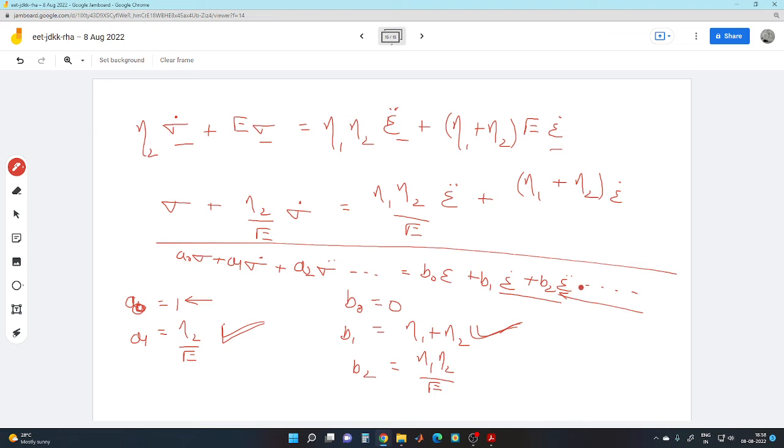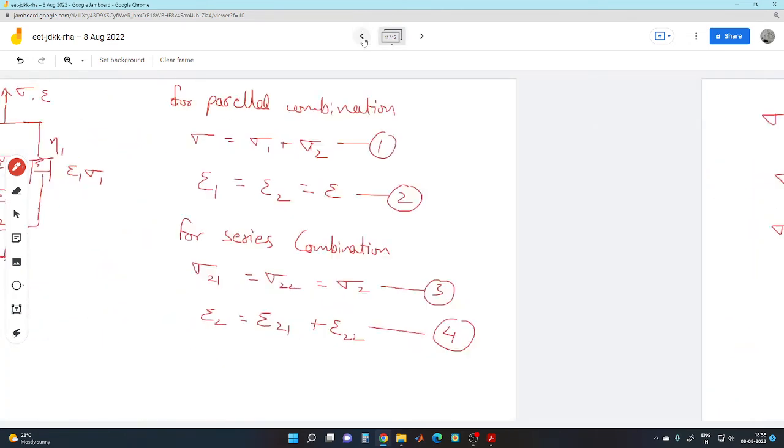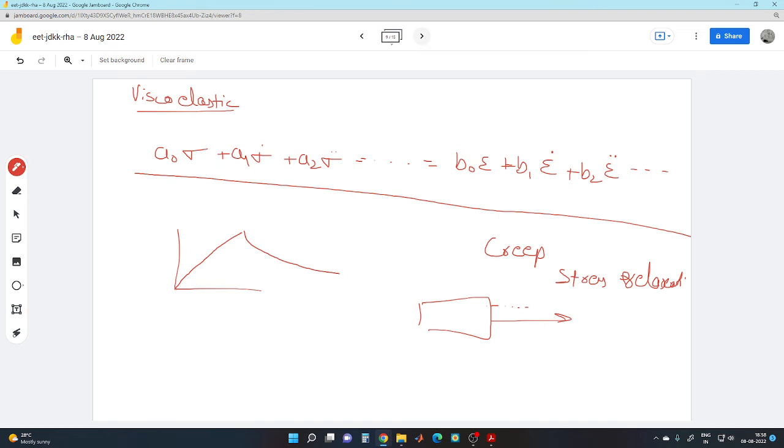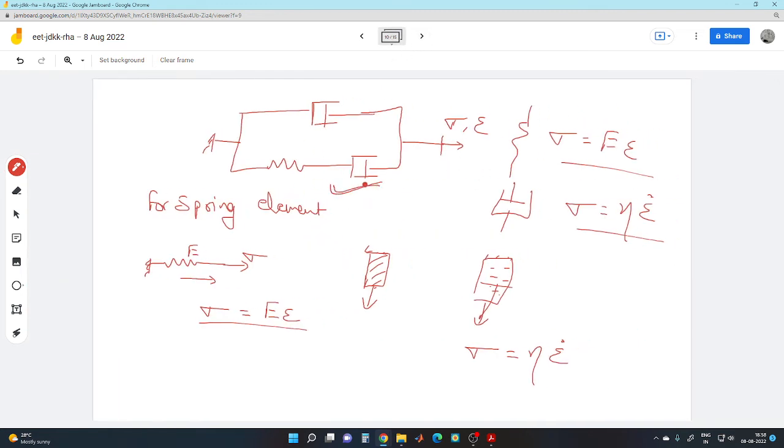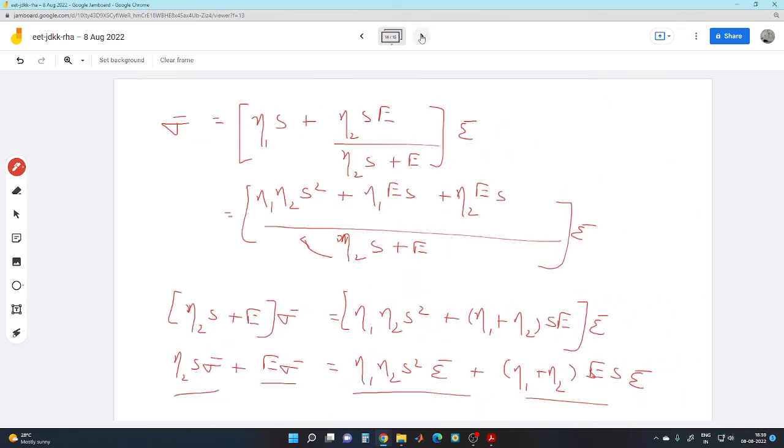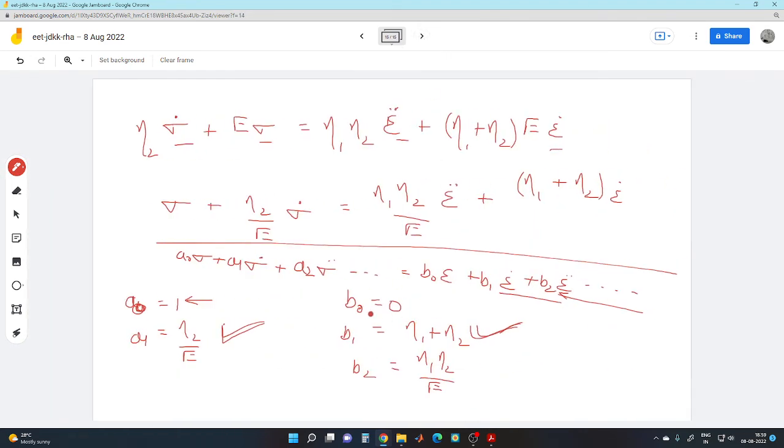One of the primary things to remember is that if you are given the standard linear solid model or standard linear fluid model or any such similar model, what is expected from you is, if this model explains the stress and strain relationship, what is the generalized Hooke's law that governs this system? Because finally we want to approximate the material behavior.